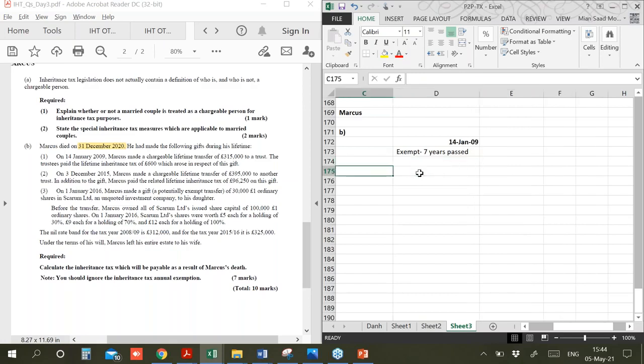Now, for the second one, that is on 3rd December 2015, or I can write the date in a similar format. The transfer value, we'll write TV.